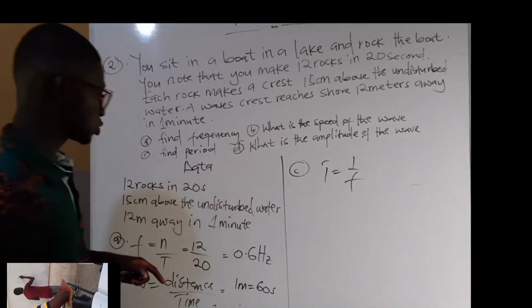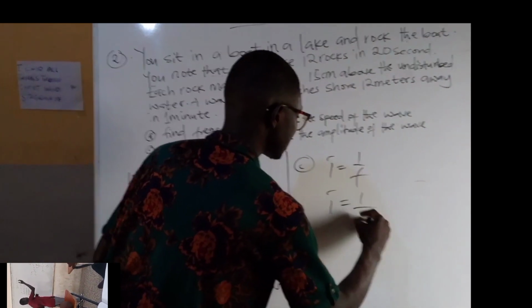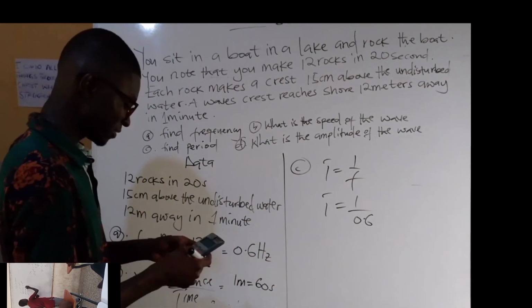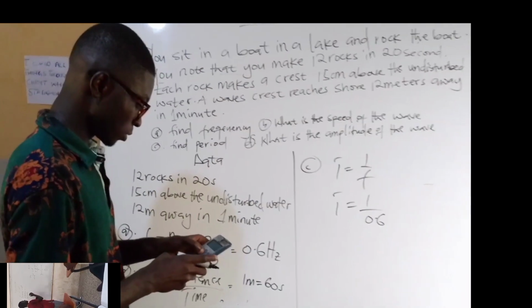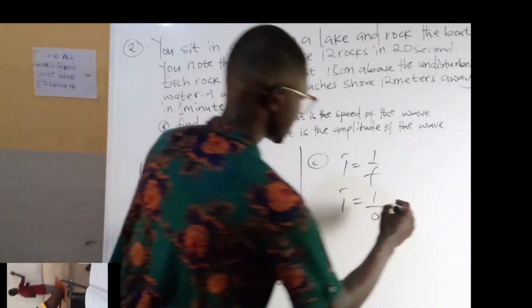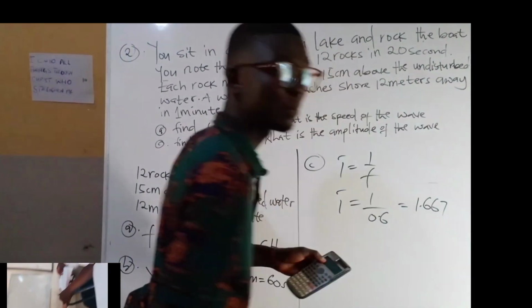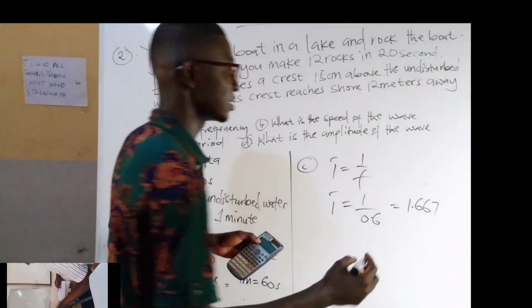Now we know the frequency to be 0.6. So the period is equal to 1 over 0.6. Quickly dividing that, 1 over 0.6, this is giving us 1.667. And we know that period is measured in seconds.